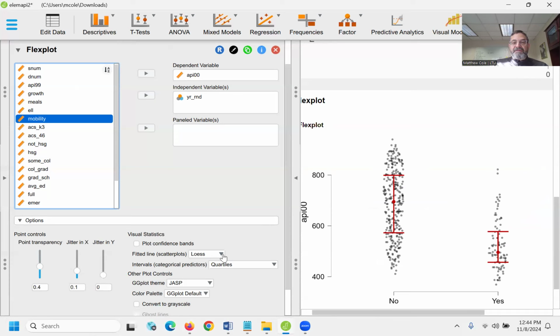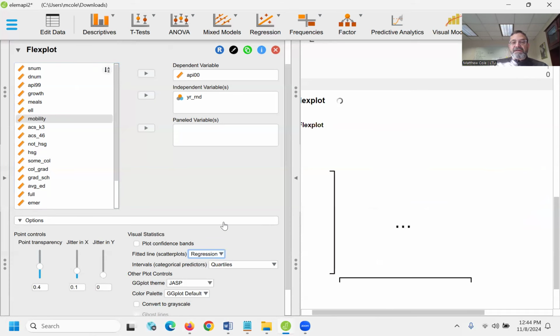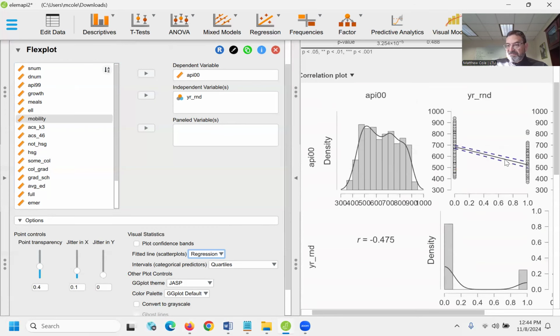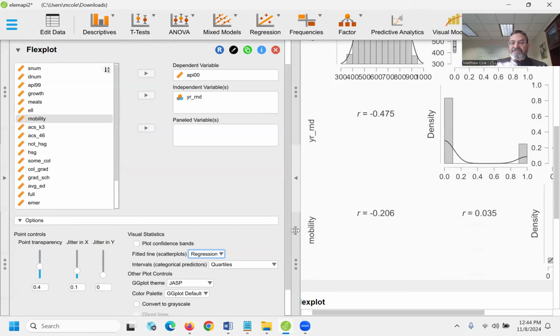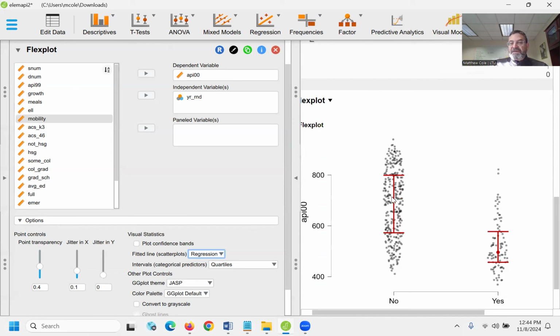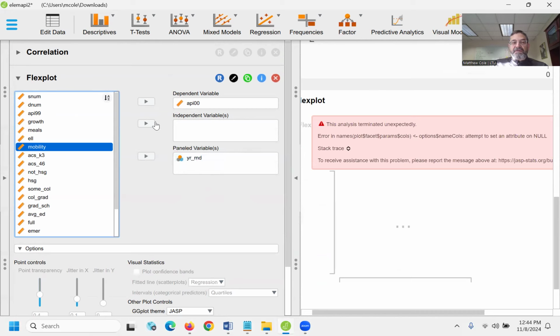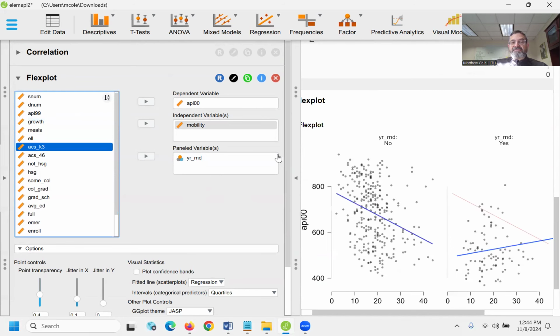And the regression line between those two is not able to be plotted here, but an estimated regression line is what we would see here. So we can see that the flex plot doesn't really give us a best fit line when we have categorical variables. But what we can do is say, let's put the year-round as a panel and let's add our continuous variable mobility as the independent variable.